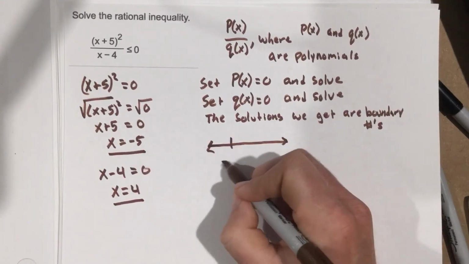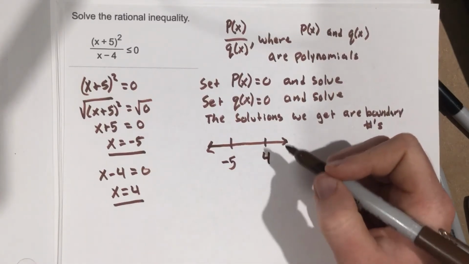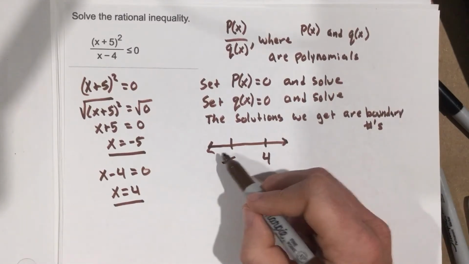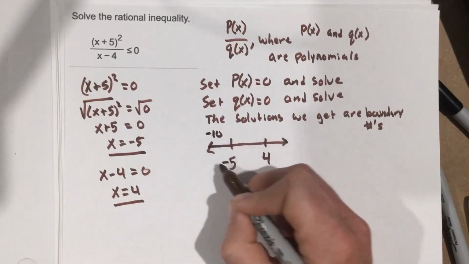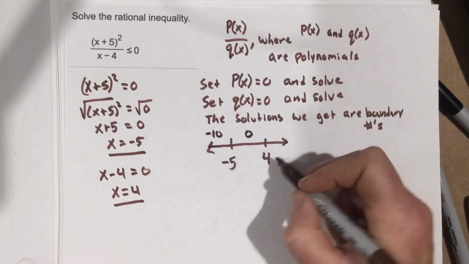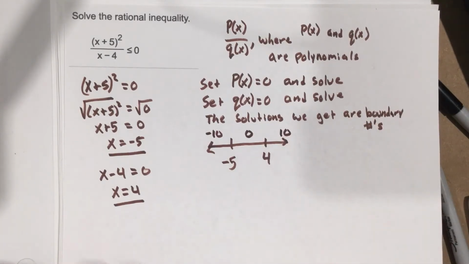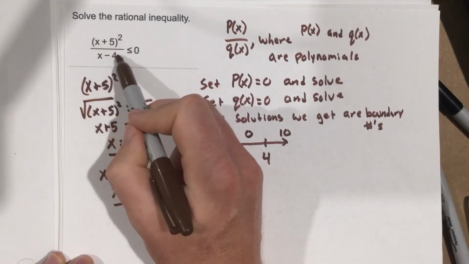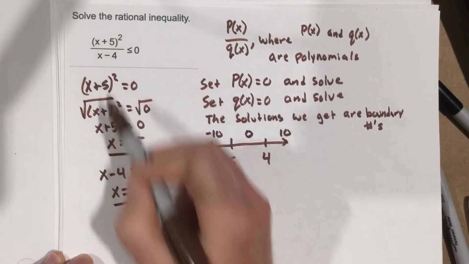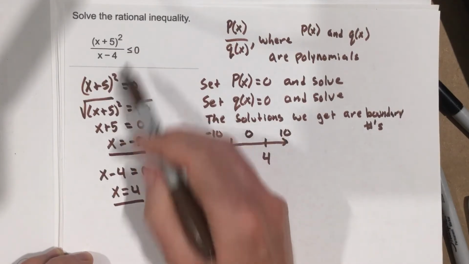Then what we do is we say, okay, let's mark this on a number line. Negative 5 and 4. And we're going to test some numbers here in between these different sections. So we're going to test negative 10, I'll pick because it's left of negative 5. I'm going to pick 0, and then I'll also pick 10 out here. And I'm going to take this part of the inequality, plug that in the calculator, and see when I plug these numbers in, do I get something less than or equal to 0?